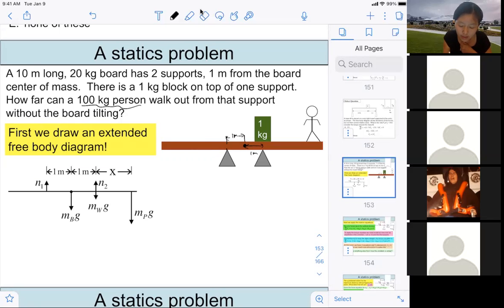So that's acting from the center of the mass of the board, which is in the middle. So here you will put M board G. That's the gravity. And you have another 1 kilogram mass. So this one gives you a gravity pointing downward.